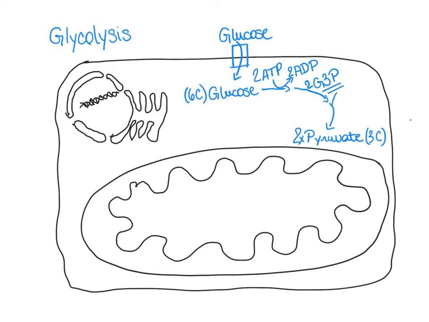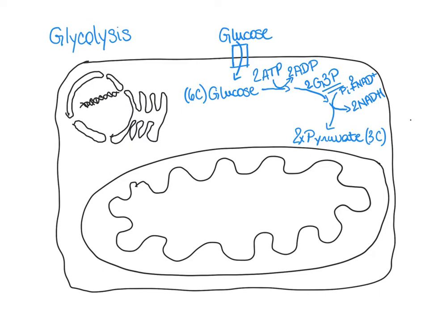These molecules can actually pick up some additional phosphate and donate some of their electrons to NAD plus to make NADH, which we'll see later.